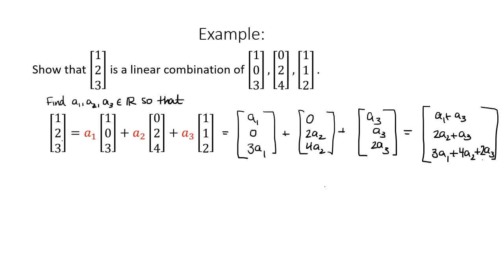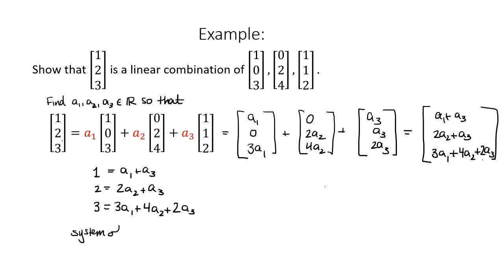And so we're left with the system: 1 equals a1 plus a3, 2 equals 2a2 plus a3, 3 equals 3a1 plus 4a2 plus 2a3. Hey, that's a system of linear equations, and we know how to solve those.